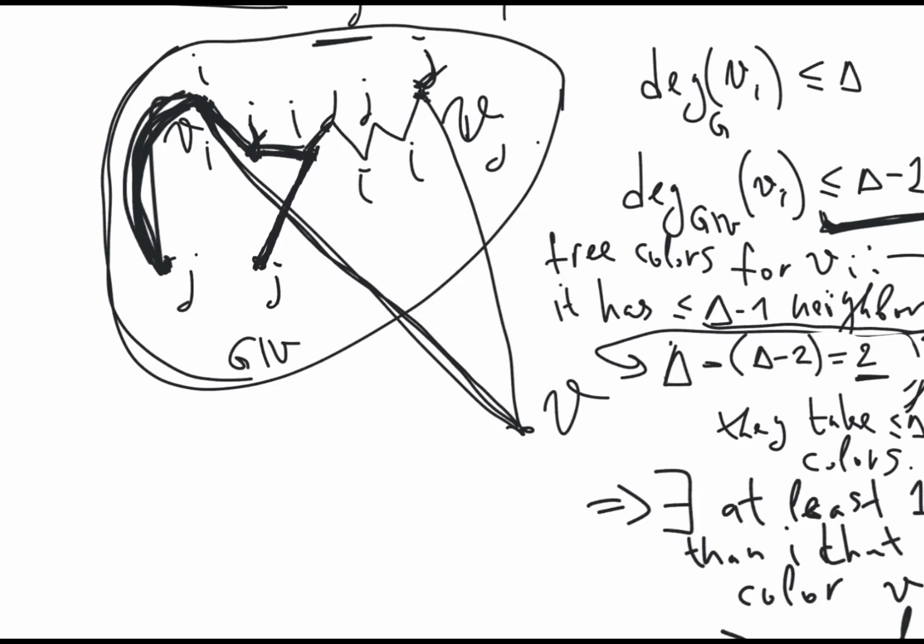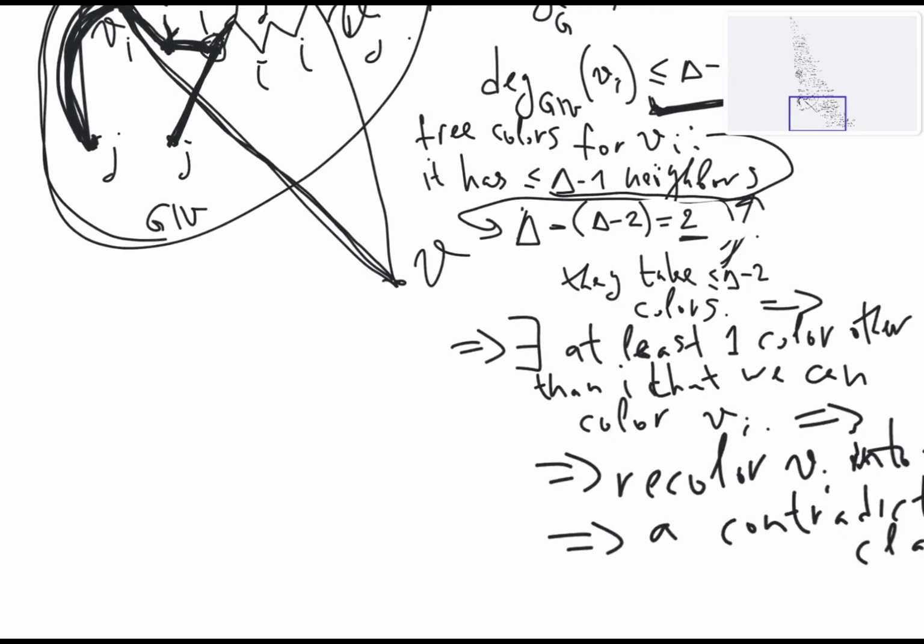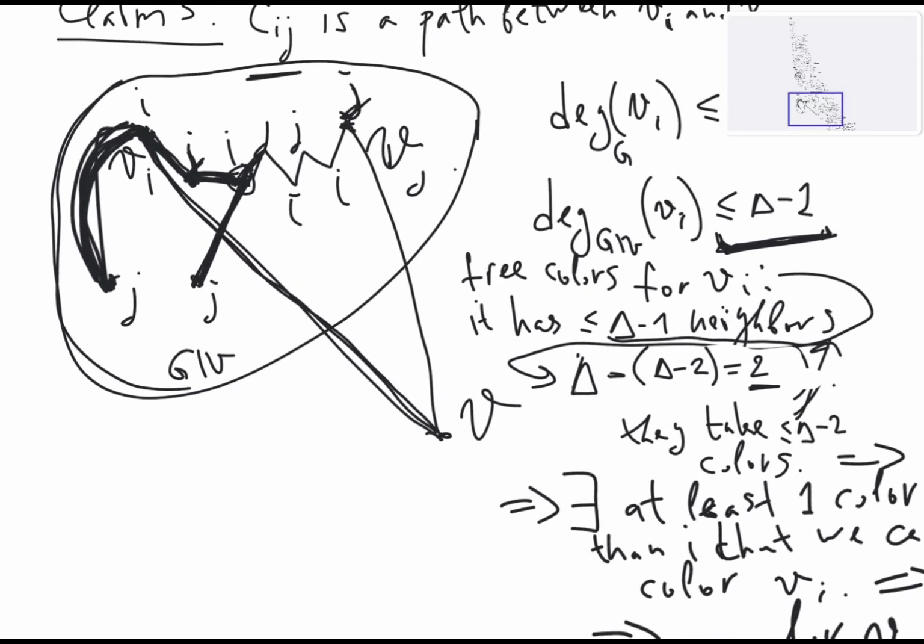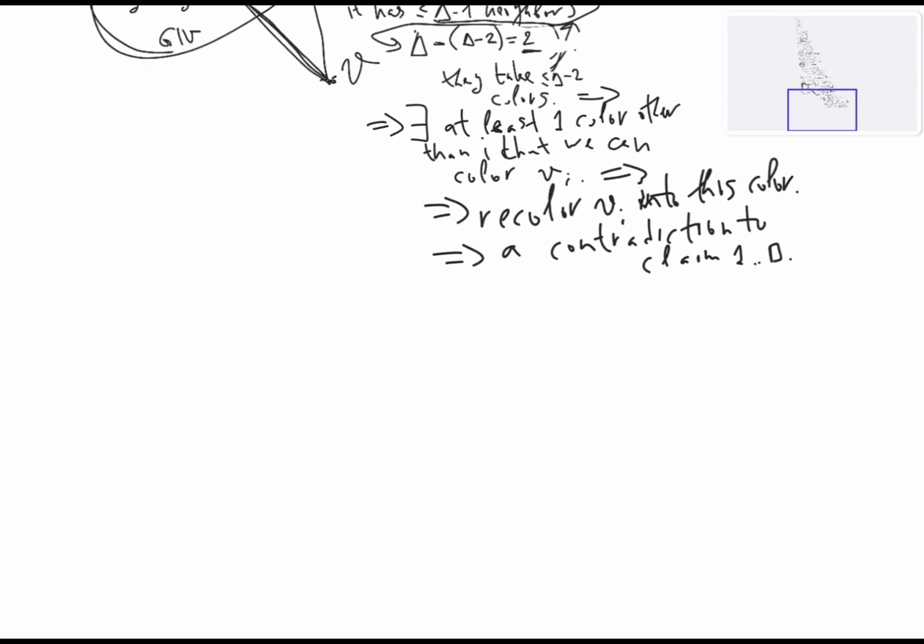In this case, this vertex of color I has 3 neighbors of the same color. So basically the same argument, except this vertex is not connected to V, so we don't have the degree less than delta minus 1. It's just less than delta. But here we have 3 vertices of the same color J instead of 2. So the same argument.